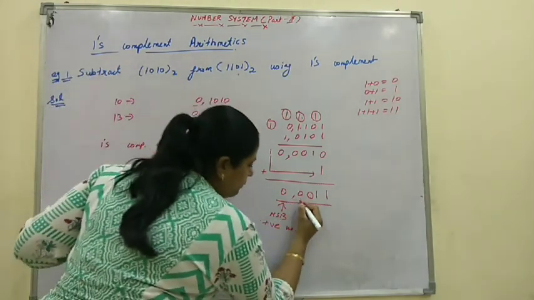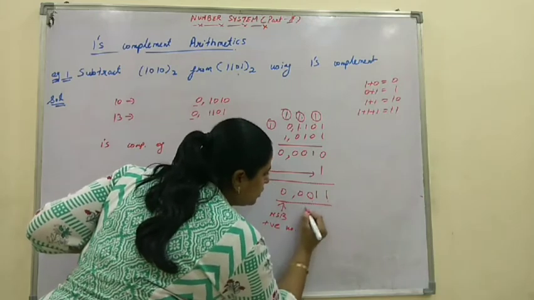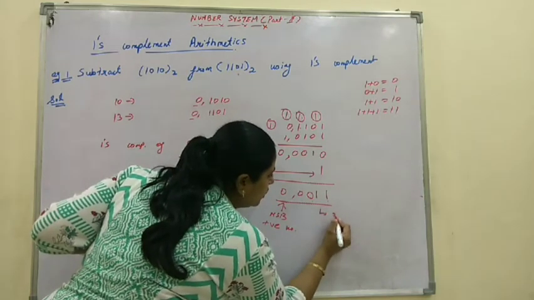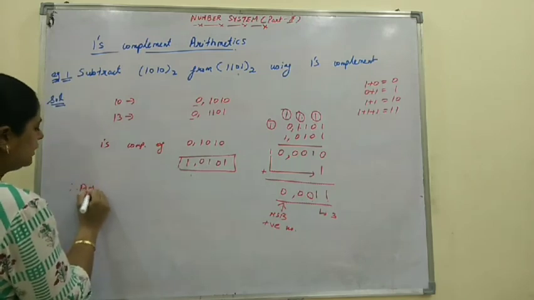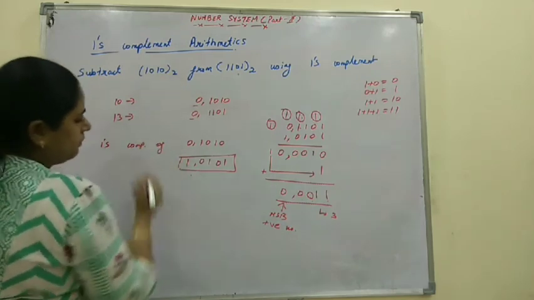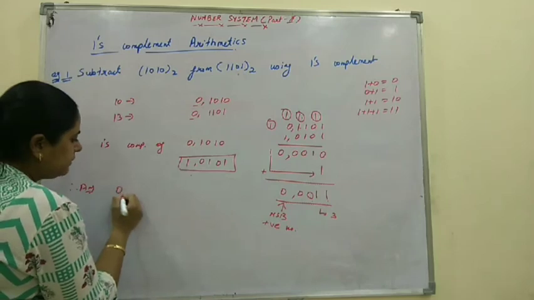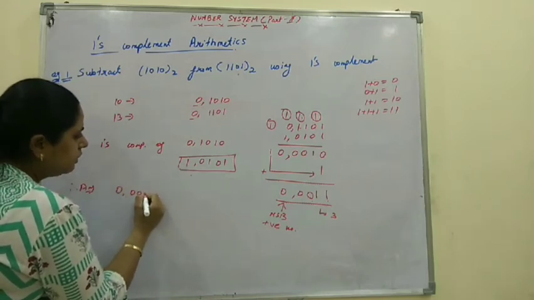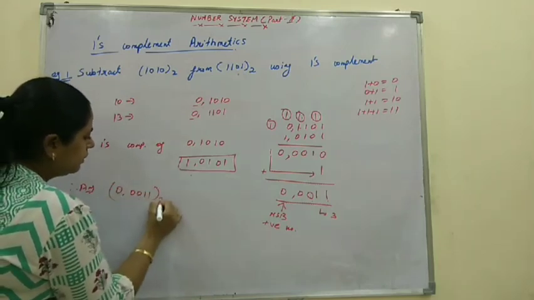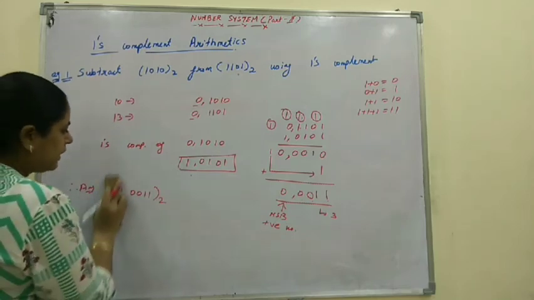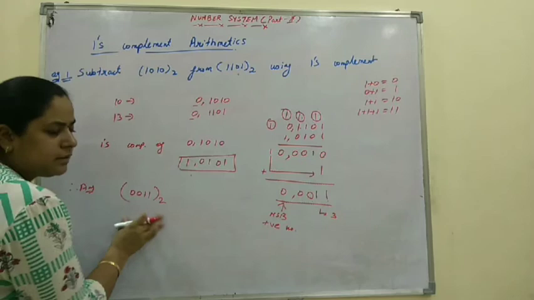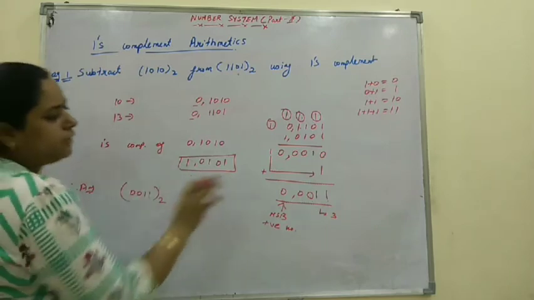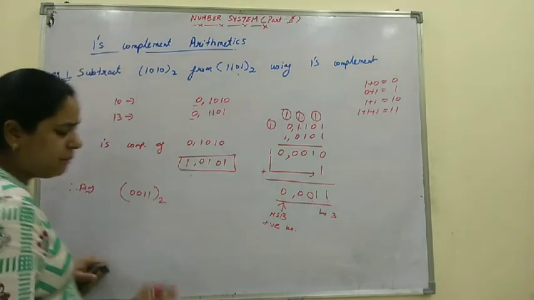This should be equivalent to 3. So the final answer using ones complement will be 0, 0, 0, 1, 1, or you can write 0, 0, 1, 1, because by default it's a positive number.